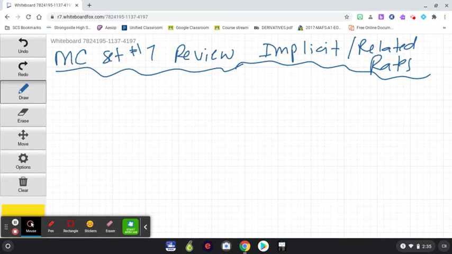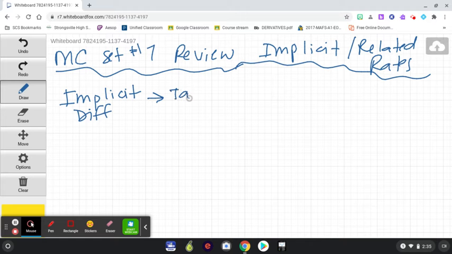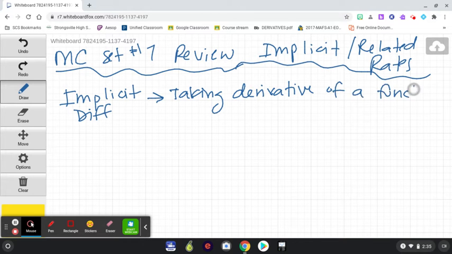Okay, so recall that implicit differentiation means that I'm taking the derivative of a function with respect to x.